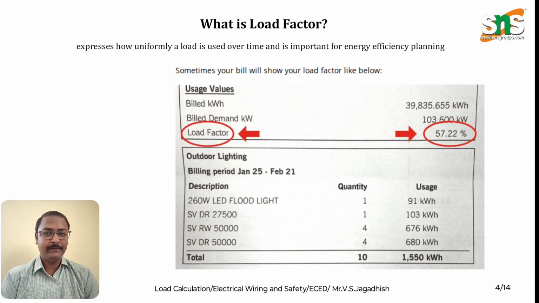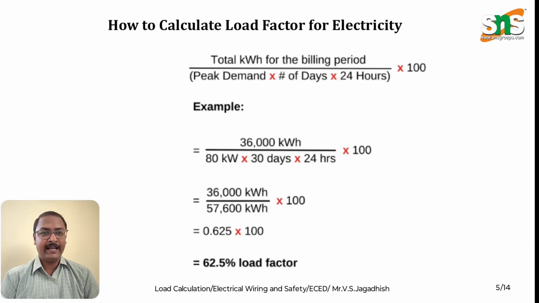A total of 1550 kilowatt has been used for outdoor lighting, and I have encircled the load factor, which is mentioned as 57.22%. This is printed on a bill and indicates how efficiently you are using the power on a daily basis. Let's move on to how to calculate this.